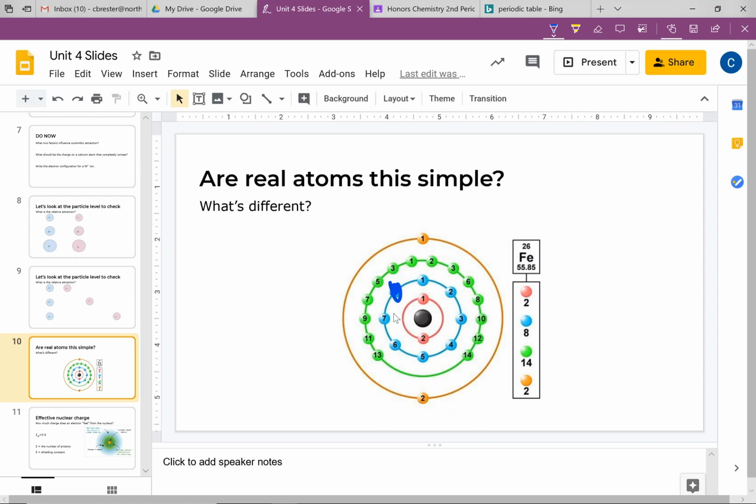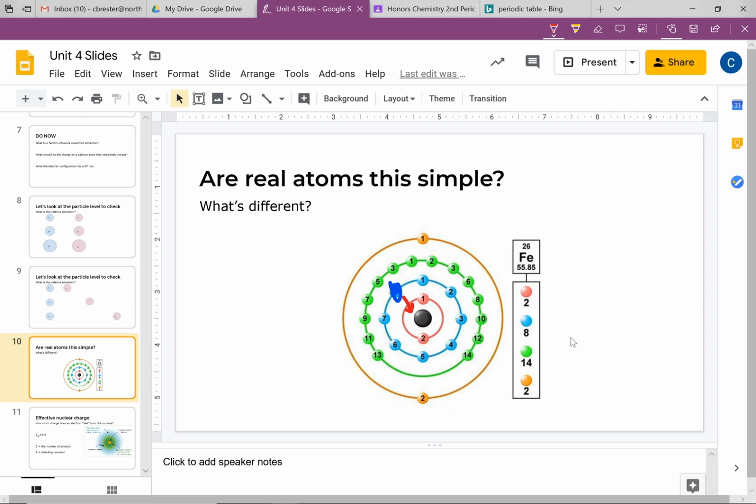This blue one, number 8. In order for this electron... sorry, that is not the right question. This electron, because it is negative, it is going to be attracted to the positive nucleus.